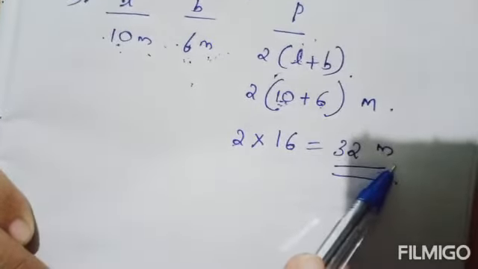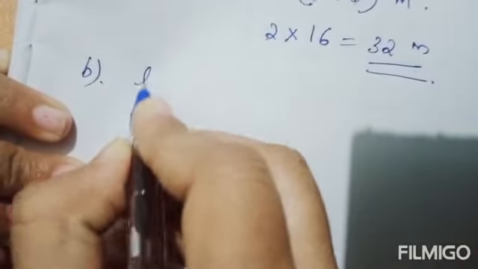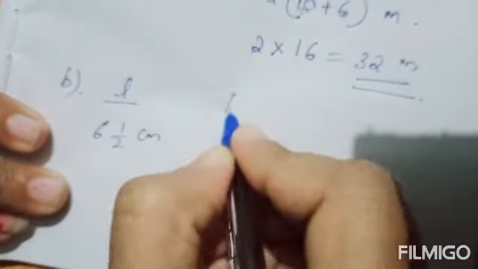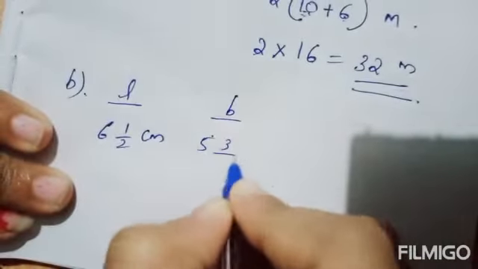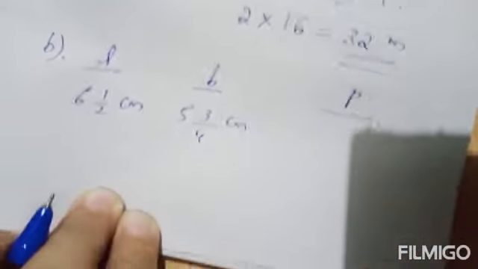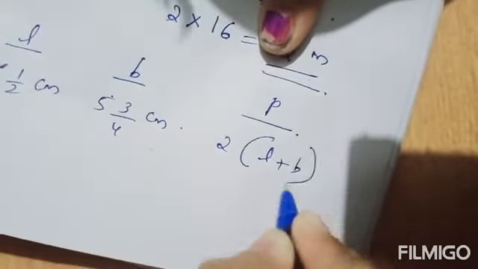The unit is meter. Okay, now in part B, the length is given as 6 1/2 centimeter and the breadth is given as 5 3/4 centimeter. You have to find the perimeter. Now you know the formula: 2 into (L plus B).